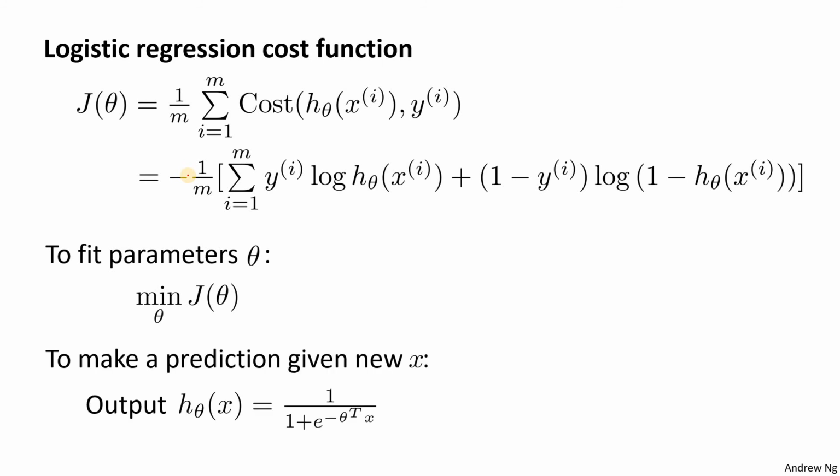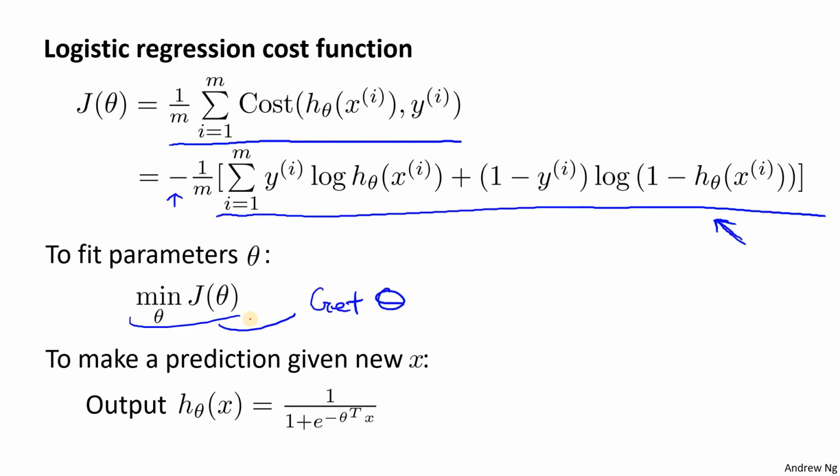So we use this, and we find out the value of J, and then we try the values of theta that can minimize J, and then we can use this to get the best value of theta.